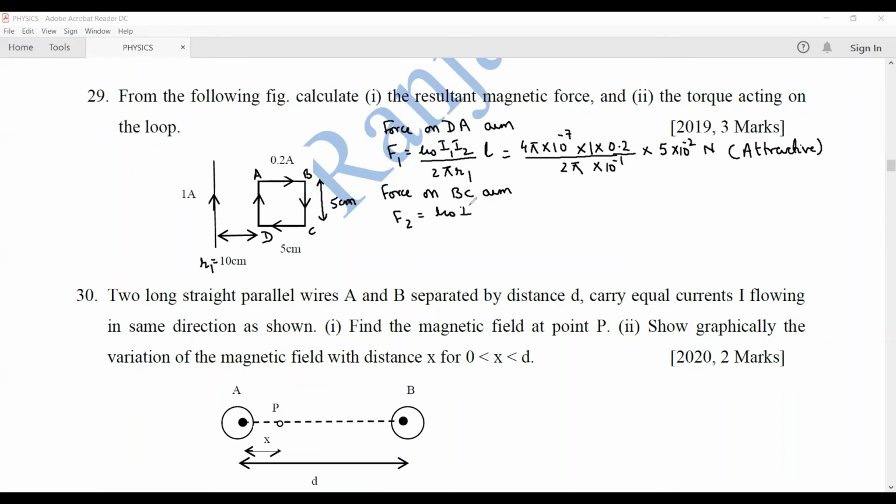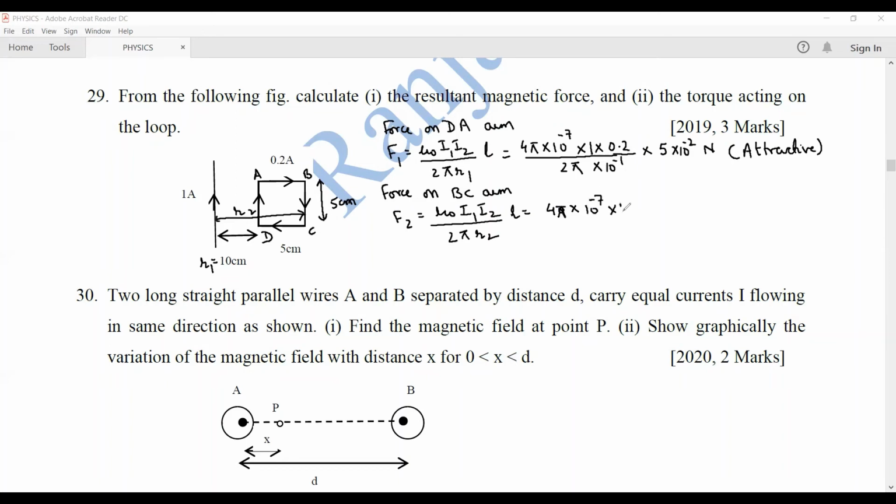The formula is the same, mu naught I1 I2 upon 2 pi. Now what will be the distance? R2 is the distance of the 1 ampere current carrying wire from this BC arm. So R2 will be equal to 10 plus 5 centimeters, that is 15 centimeters, into the length of this wire BC, which is 5 centimeters only. Mu naught is 4 pi into 10 raised to the power minus 7.